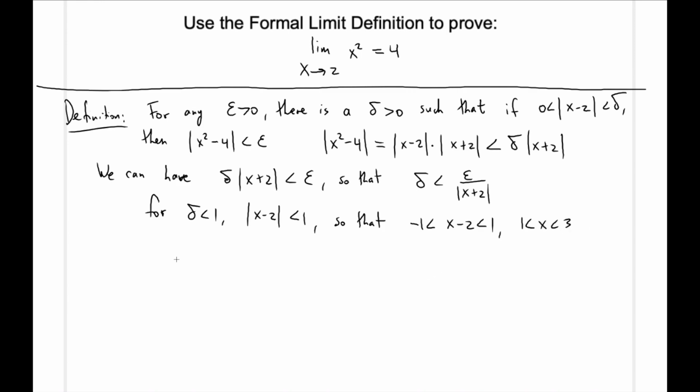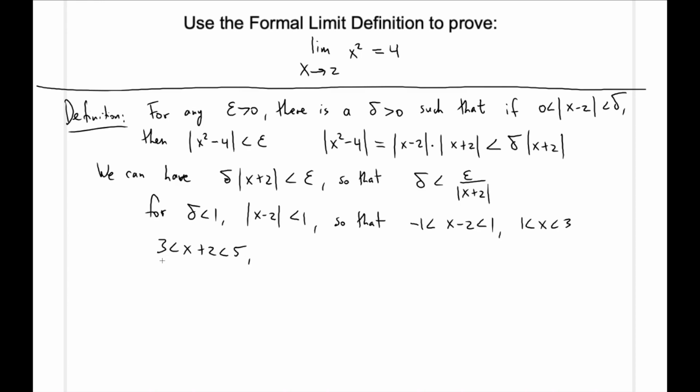This is helpful because our goal now is to get to x plus 2, to eliminate this variable and make a constant. So if you add 2 again, it's the same as having 3 is less than x plus 2 is less than 5.